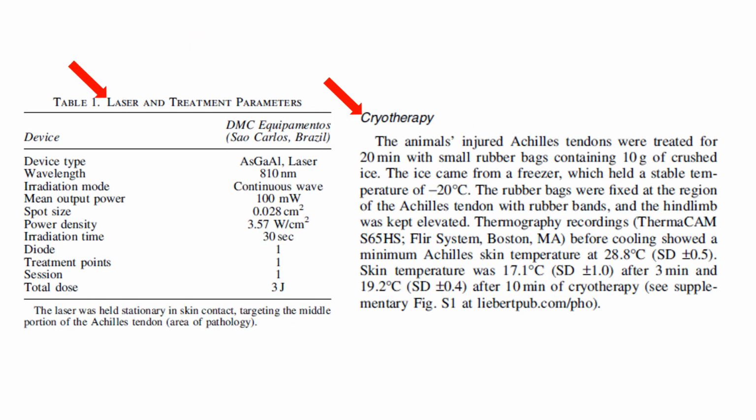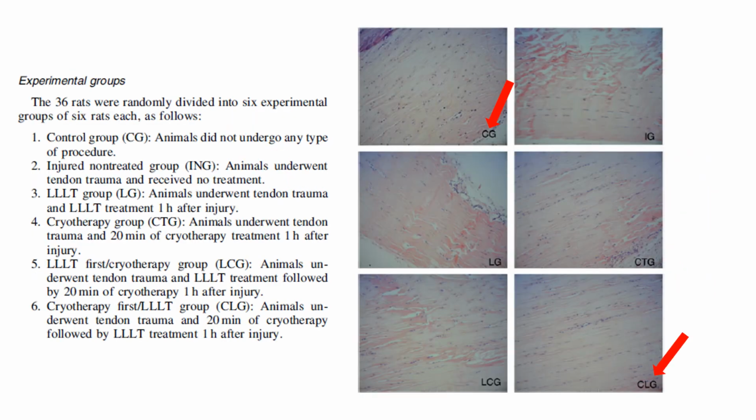In this study, they give you the parameters used for the laser and cryotherapy. And here we see the outcome. In the upper left is the control group, which the animals did not undergo any type of procedure.